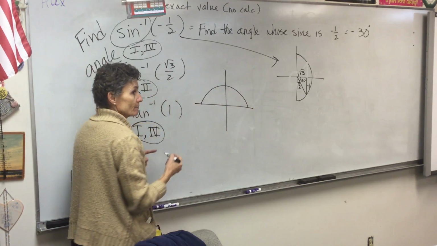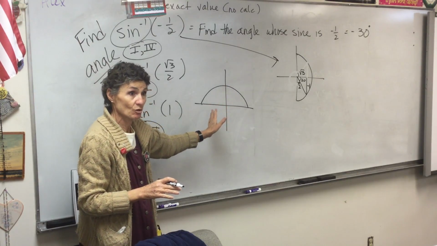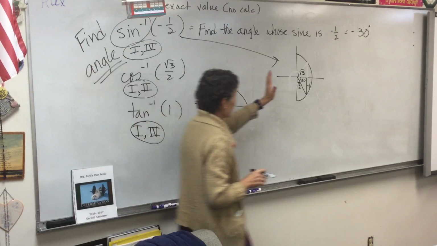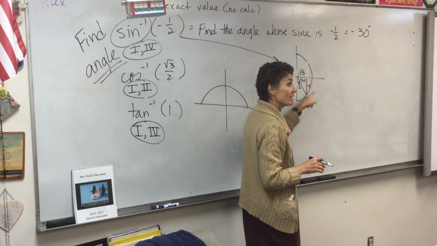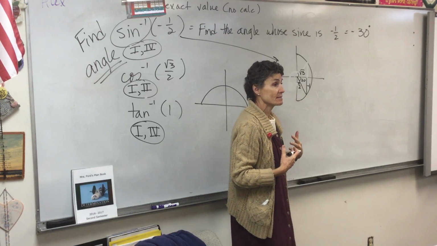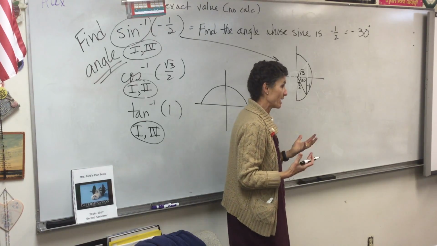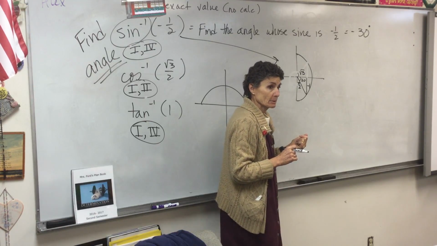So whatever angle I give is going to have to be inside that circle. Whatever angle I answer here has to be inside this half circle, quadrant 1 and 4. Okay? I'm tempted to say 330 also, but you can't. It's wrong. It's -30. All right?